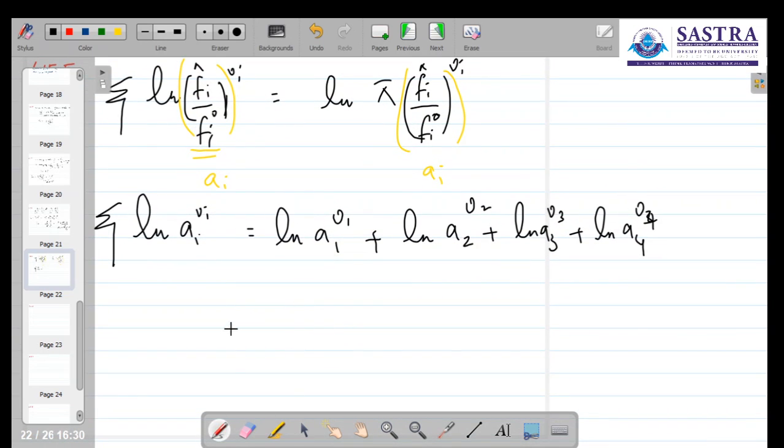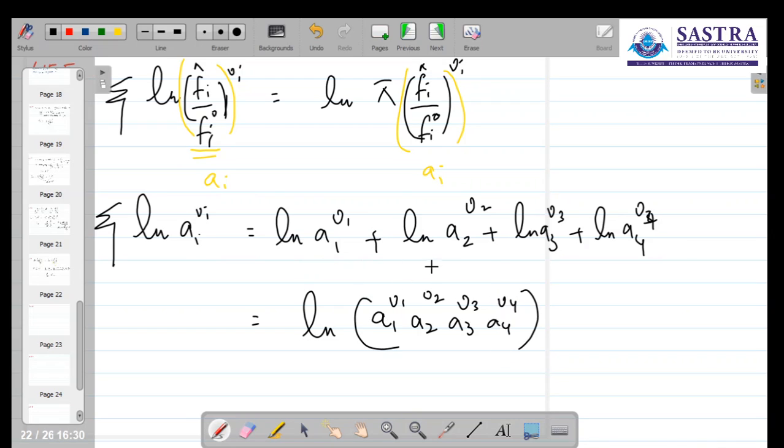Now you know that the law of logarithms lets you take the product, so this would become a1 raised to its stoichiometric coefficient, a2 raised to its stoichiometric coefficient, a3 its stoichiometry, and a4 raised to its stoichiometric coefficient.